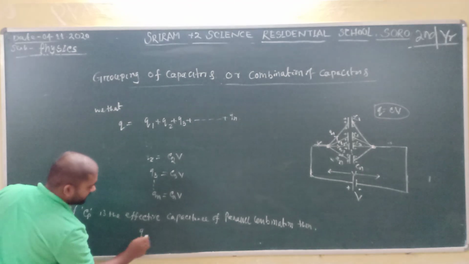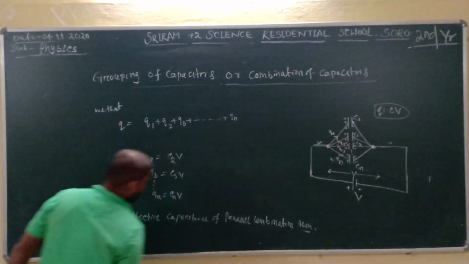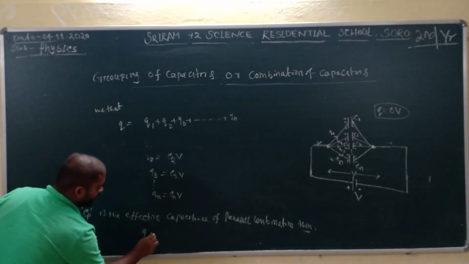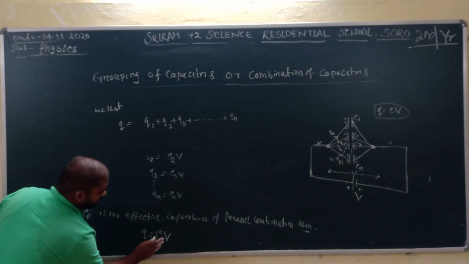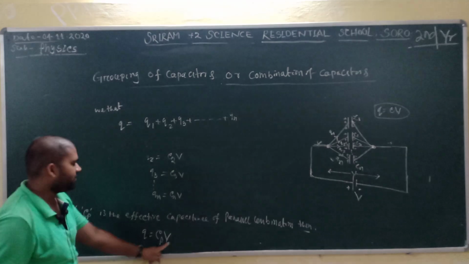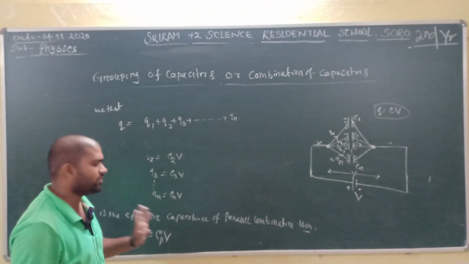Q equals CpV, where Cp is the effective capacitance and V is the total potential.